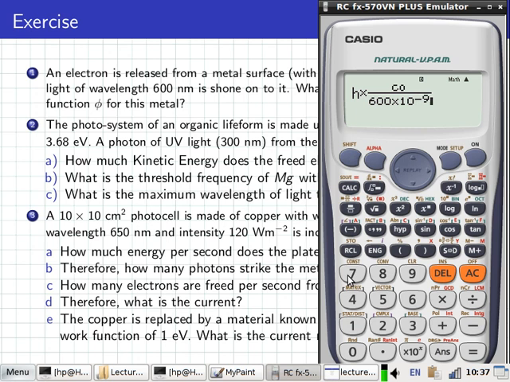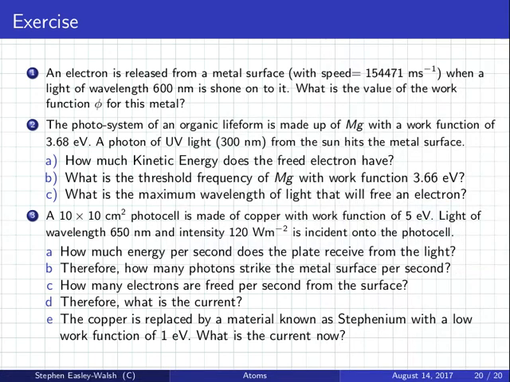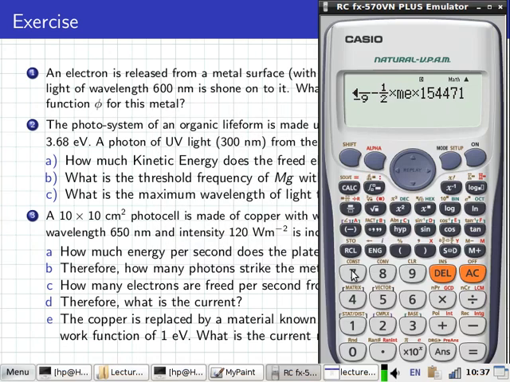Okay, and then what did I say? Minus KE, wasn't it? Half m v squared. V is 1,544,71.